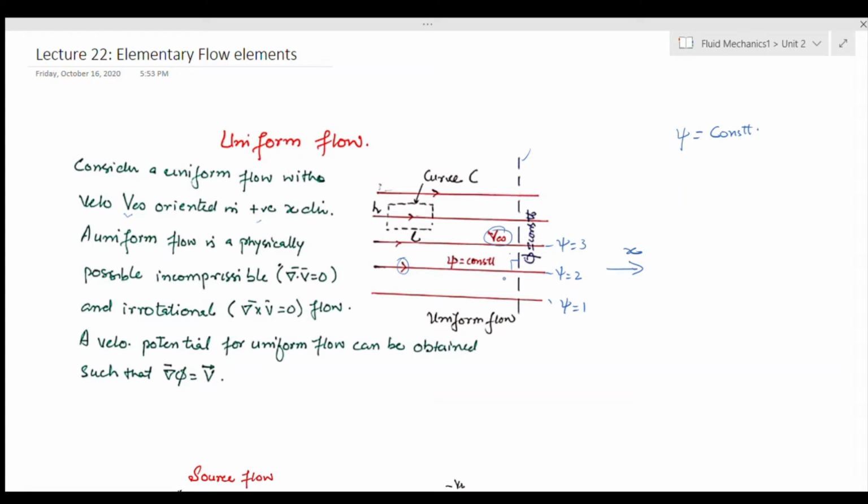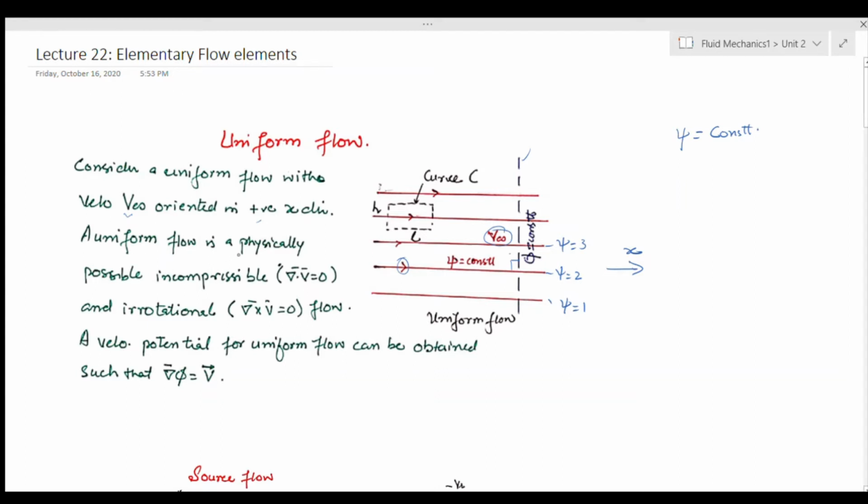I hope that you have already read in your mathematics that when two functions are orthogonal, perpendicular to each other, for example sine and cos, these are orthogonal functions. So psi and phi, stream function and potential function, are also orthogonal functions. A little bit afterwards maybe you would look into it. What do I mean by that?